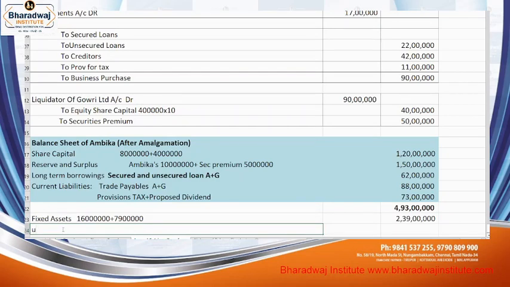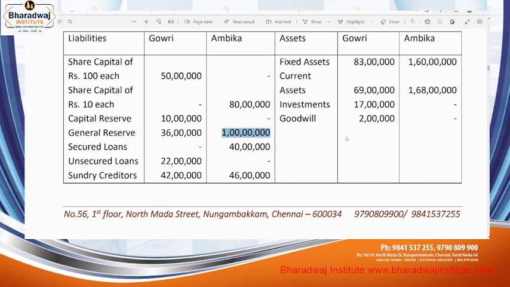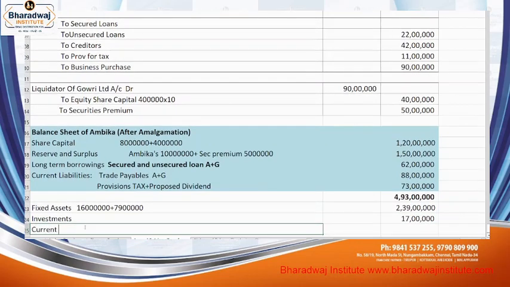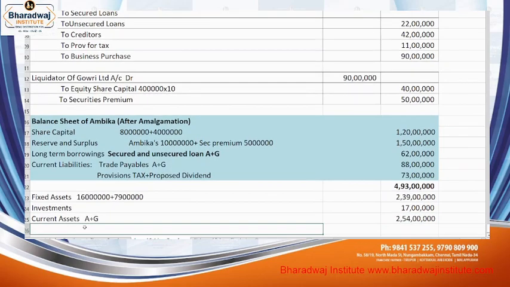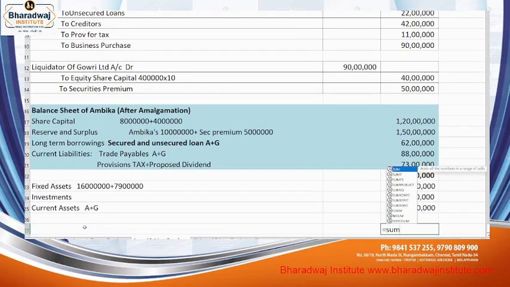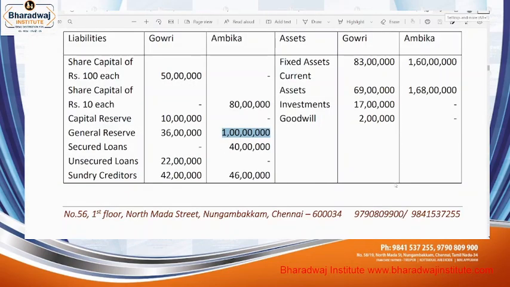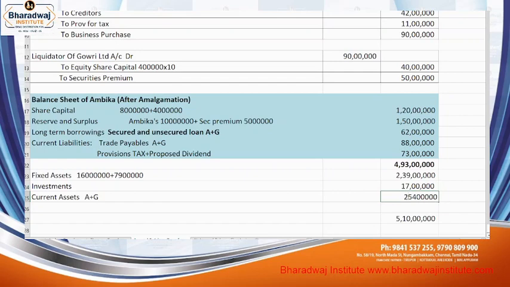Fixed assets, then current assets. Investments, are there investments? Investments, how much? Current assets total, 2 crore 54 lakhs. Thirty-seven lakhs. 4 lakhs.